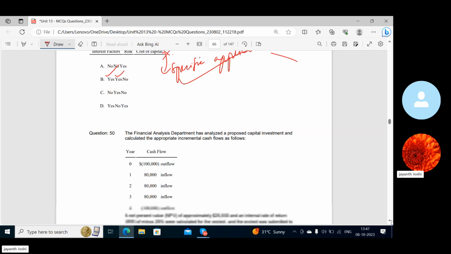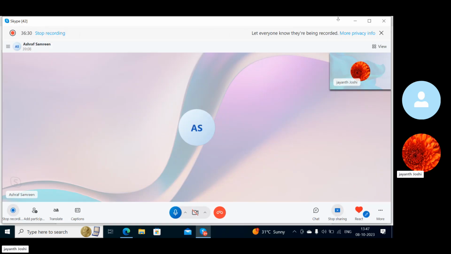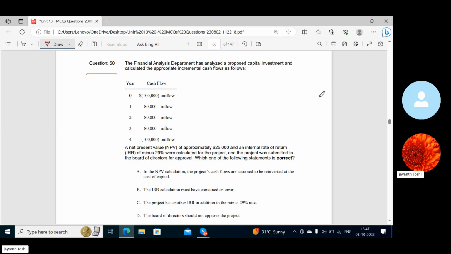Okay. Question number 50. The financial analysis department has analyzed a proposed capital investment and calculated the appropriate incremental cash flows as follows.